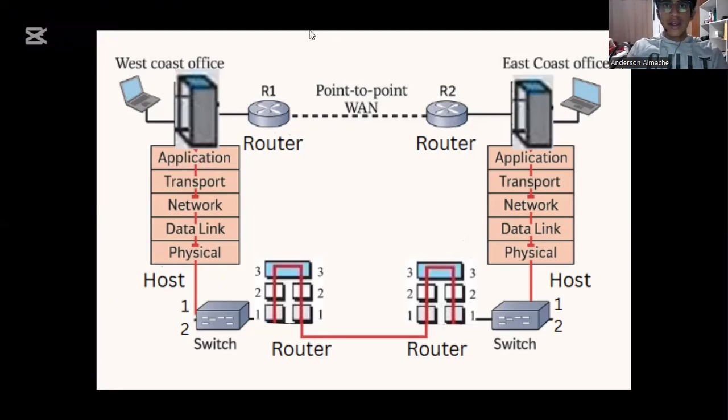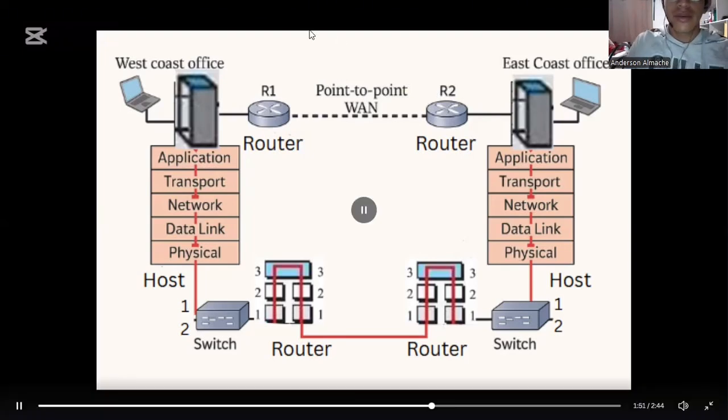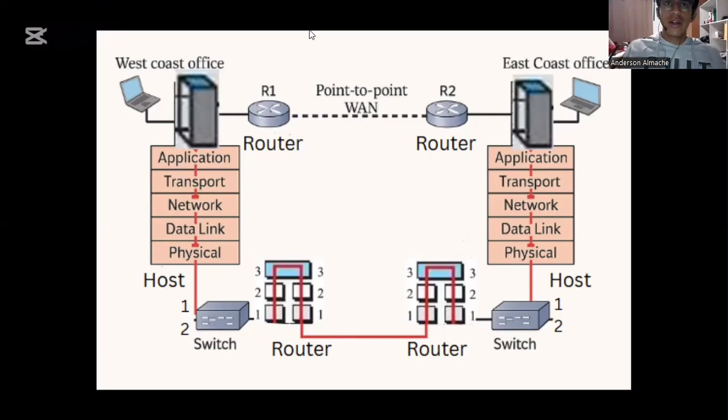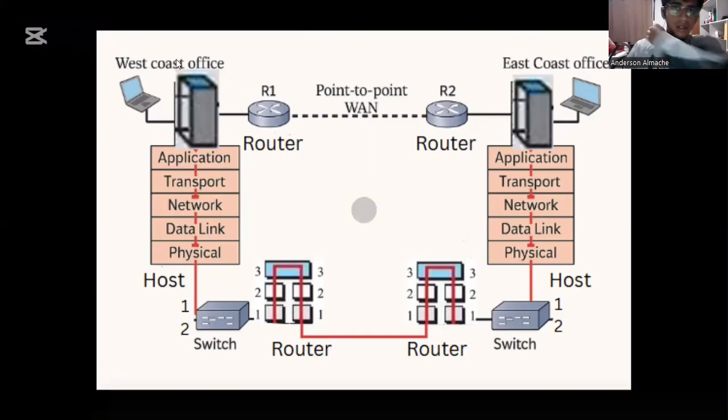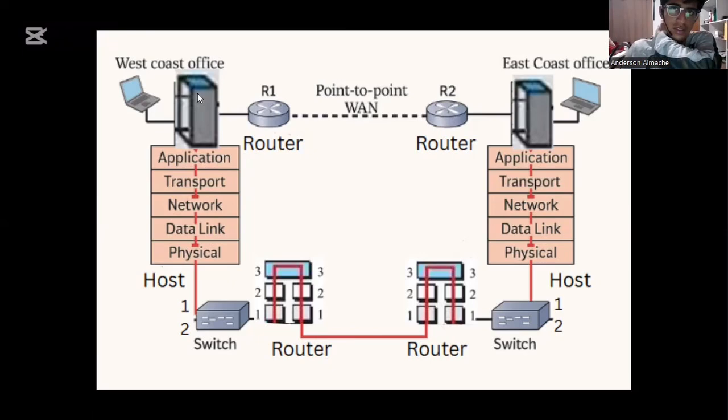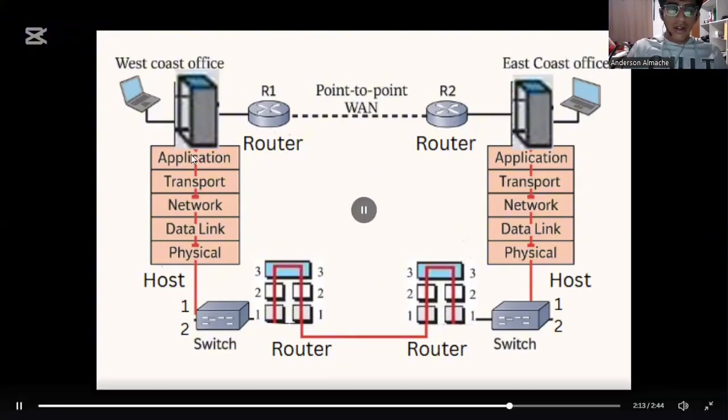Now the data flow from west to east. When the host on the west coast wants to send a message to the host, it encodes, and the data moves downward through the 5 layers of the TCP/IP model.